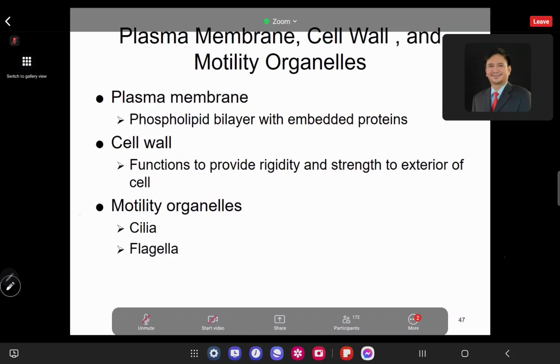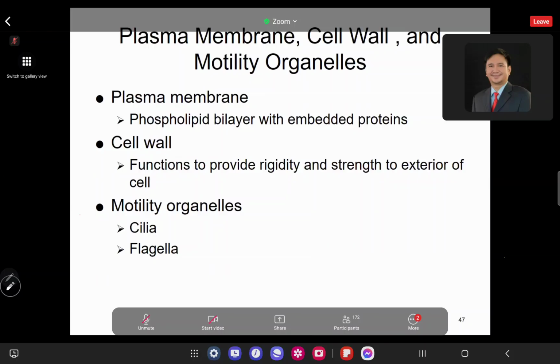Now let's review three key structural components in eukaryotic as well as they are found also in prokaryotic cells. So both they have plasma membrane composed of a phospholipid bilayer with your embedded proteins. Again, they would contribute to semi-permeability.